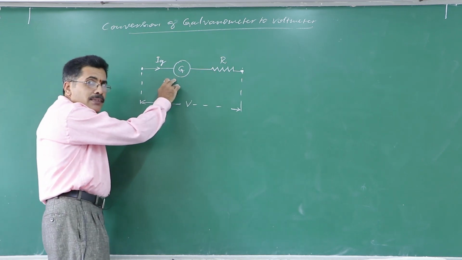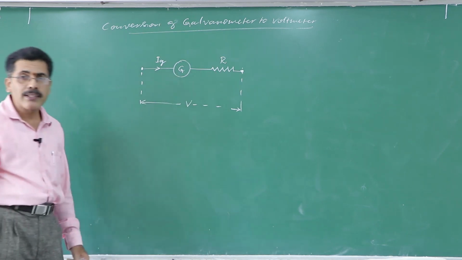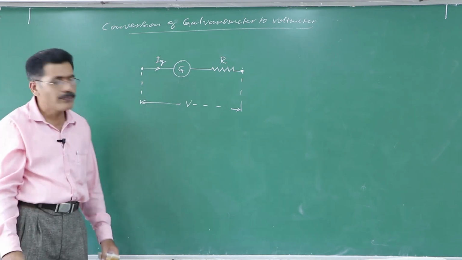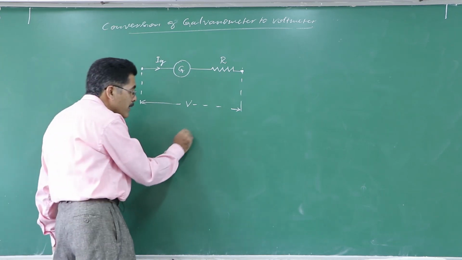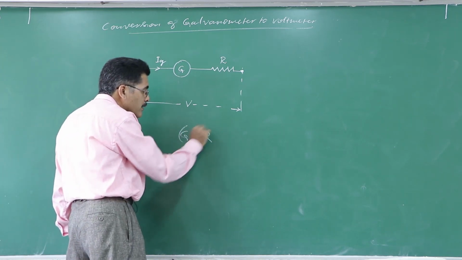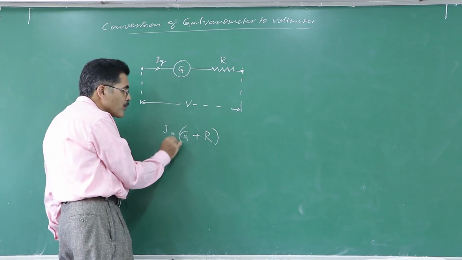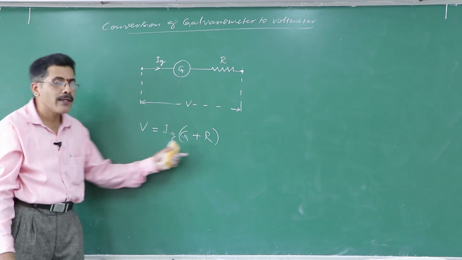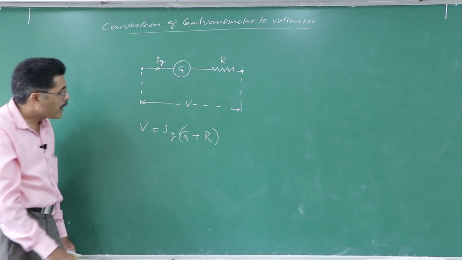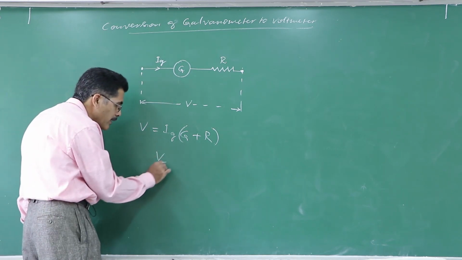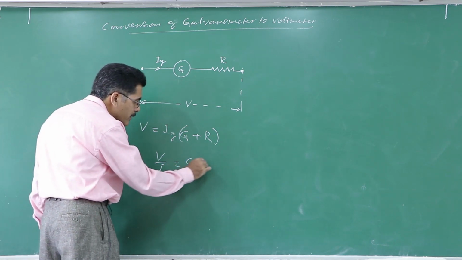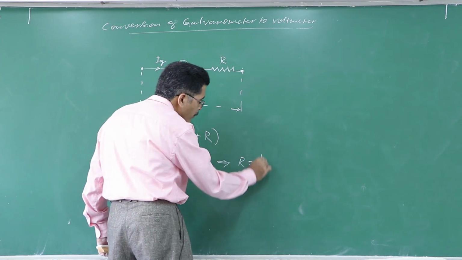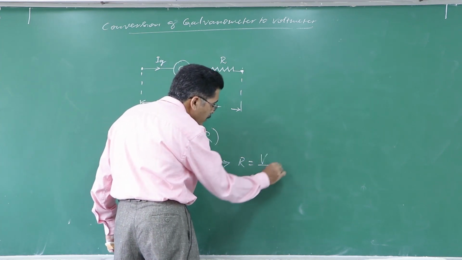G is the resistance of the galvanometer, that is, the resistance of the coil of the galvanometer. G plus R gives the total resistance. Using Ohm's law, V is equal to Ig into G plus R, or V by Ig is equal to G plus R. This implies R is equal to V by Ig minus G.